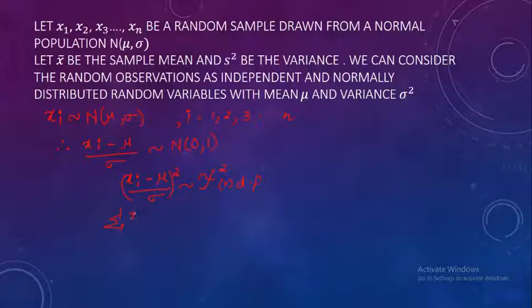If I take the summation of xi minus mu by sigma the whole square, which distribution does this follow? It follows again a chi-square distribution but with n degrees of freedom. Right, now you got this by the additive property of chi-square distribution.